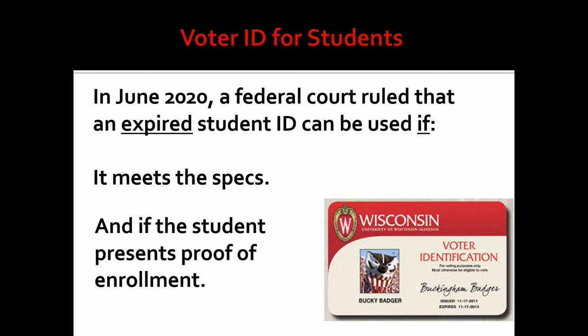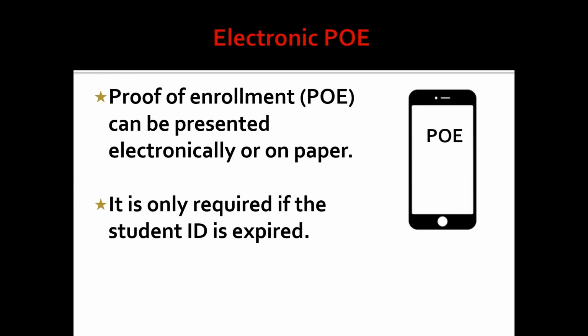Because of a court ruling in June 2020, an expired student ID card is acceptable if it meets the specifications and if the student presents proof of enrollment. Proof of enrollment, POE, can be presented electronically or on paper. It is only required if the student voter ID is expired.